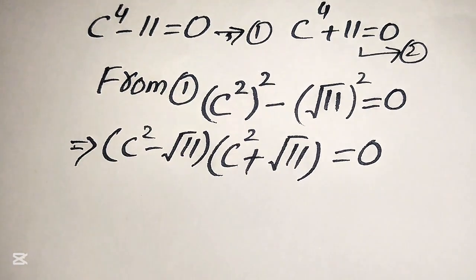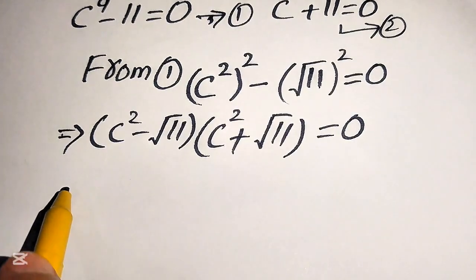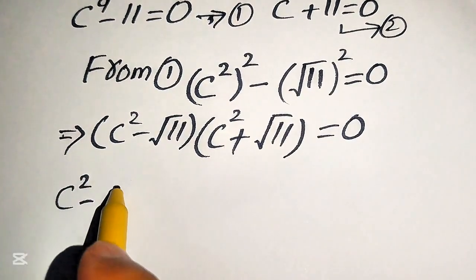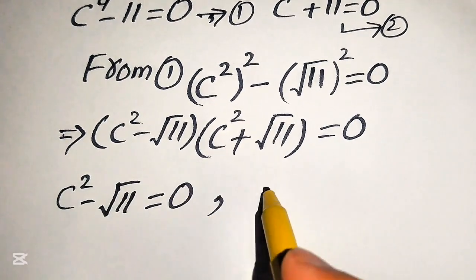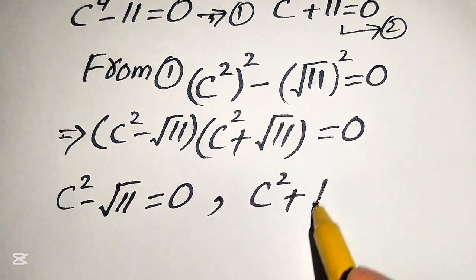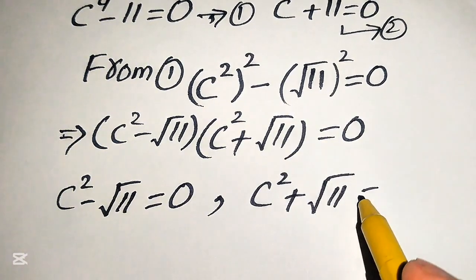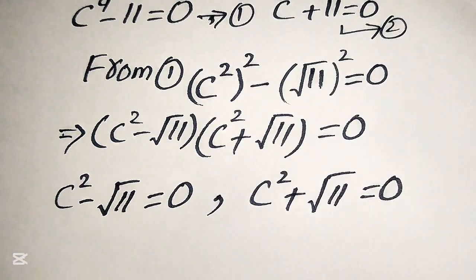Now we again break this equation: c square minus square root of 11 equals 0, and c square plus square root of 11 equals 0.